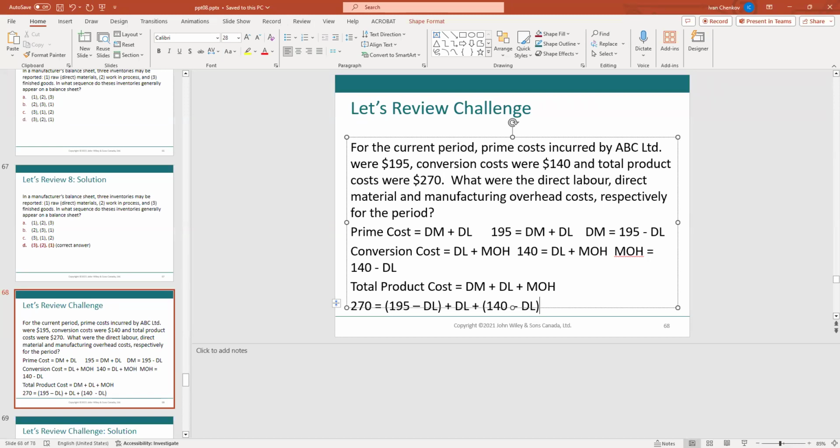Open the brackets, solve the problem, find direct labor. Once you find direct labor, you have everything that you need. From direct labor, you can find direct material, and from direct labor, you can find manufacturing overhead. And we're done. Make sense?